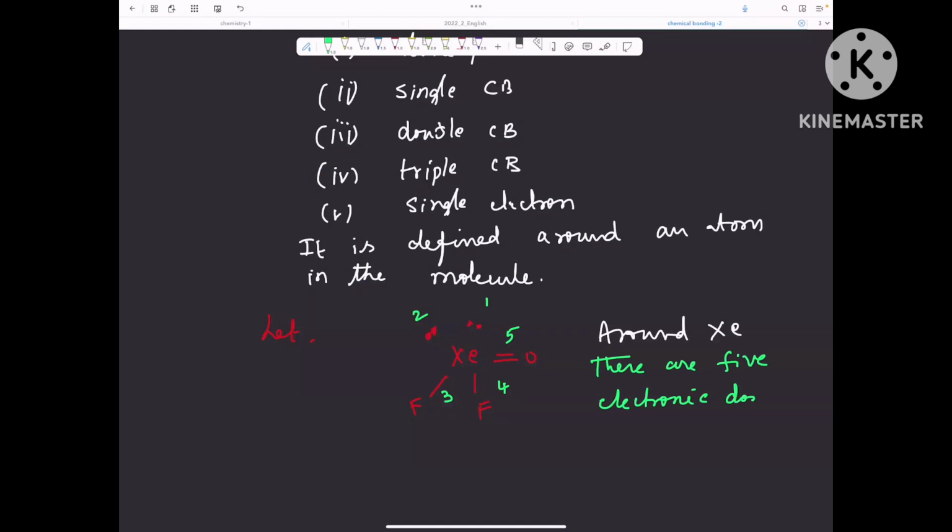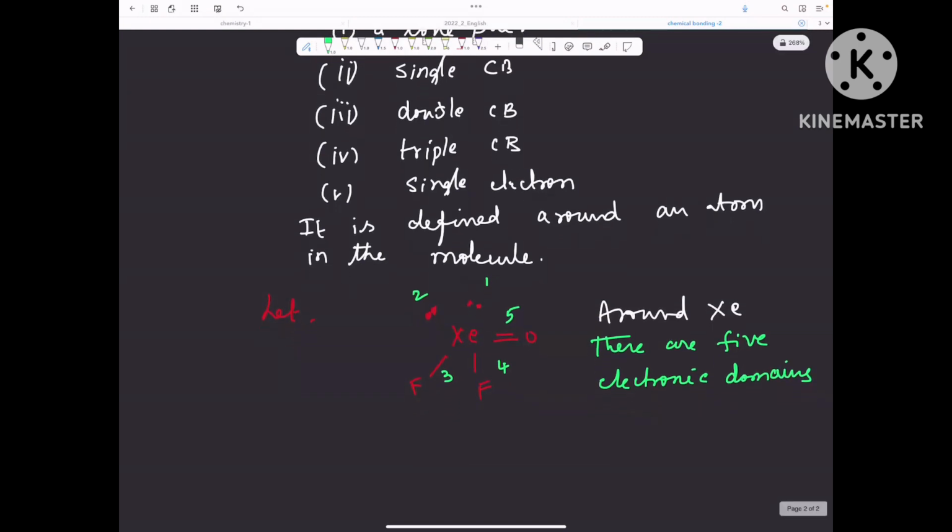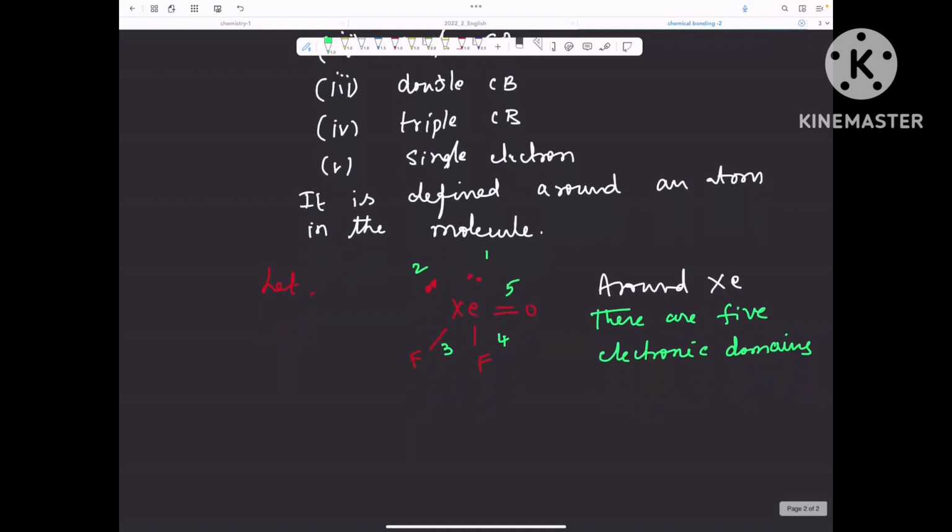So around xenon, there are 5 electronic domains. Out of the 5 electronic domains, 2 are lone pairs, 2 are single covalent bonds, and 1 is the double bond. This is how we use the language of covalent bonding.